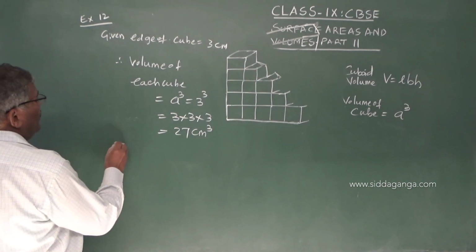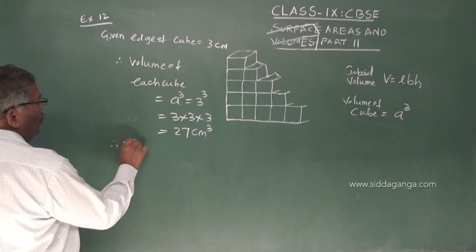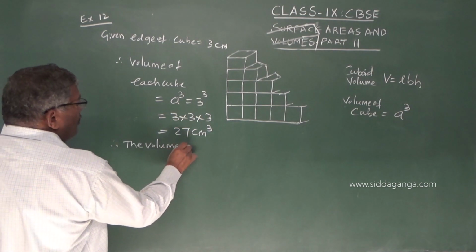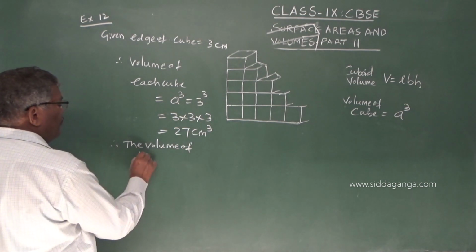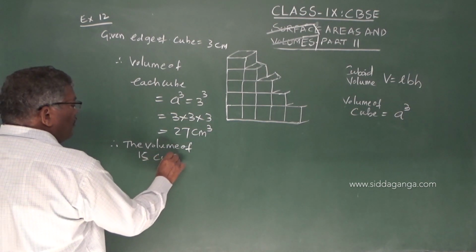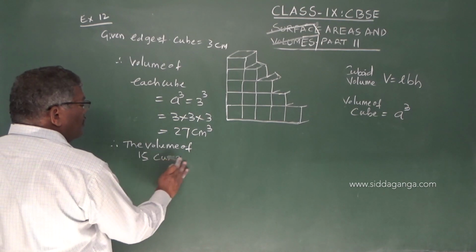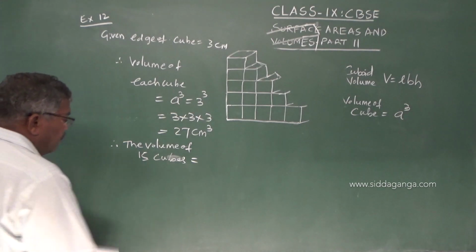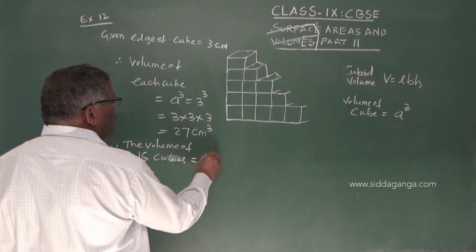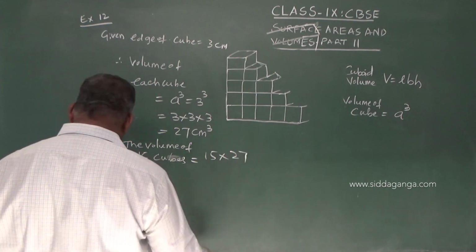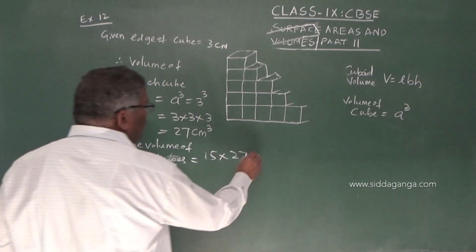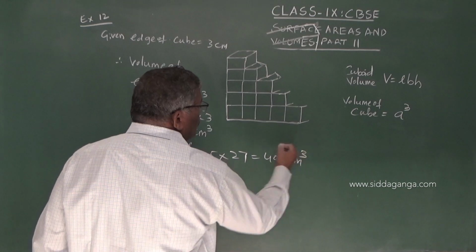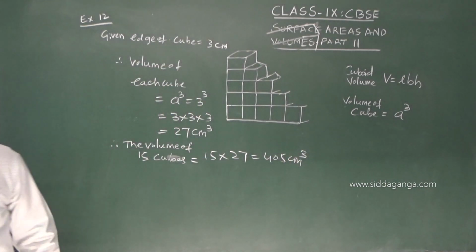So therefore, the volume of 15 cubes equals 15 into 27, that equals 405 centimeter cube. So that's all. It's a simple problem.